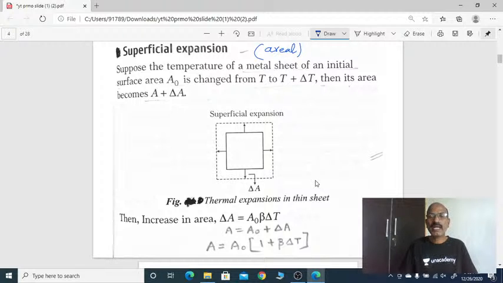Now area-wise expansion, or areal expansion. When we supply the heat to a square plate, all the sides expand area-wise.